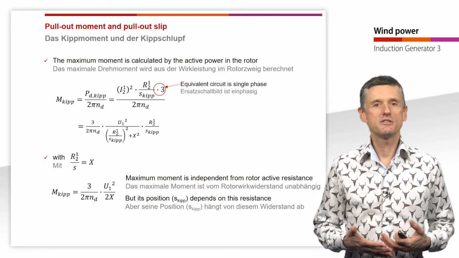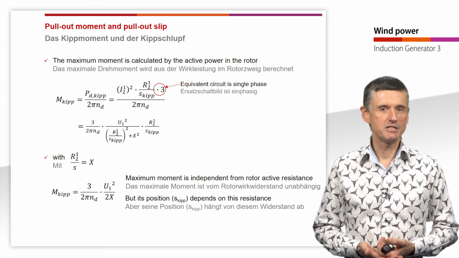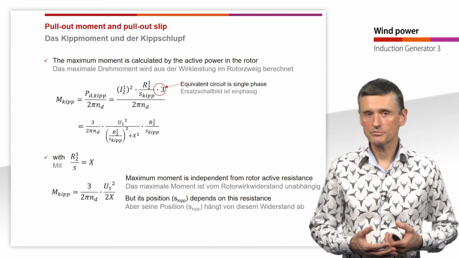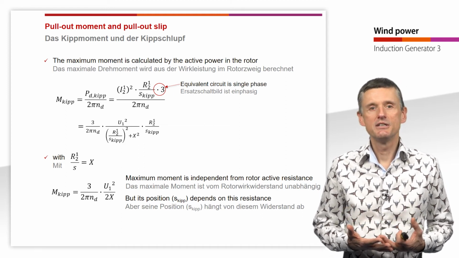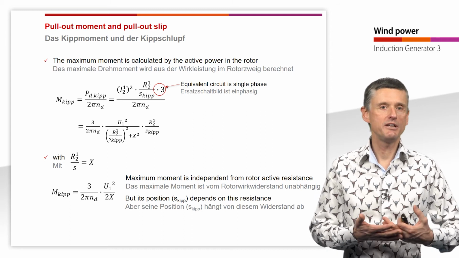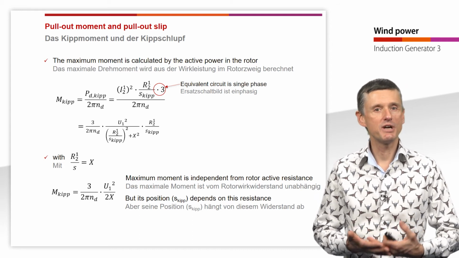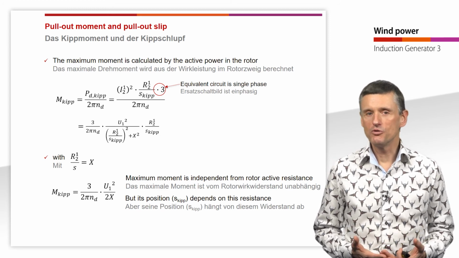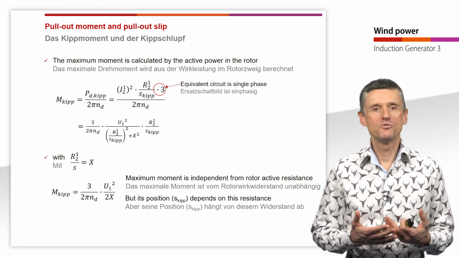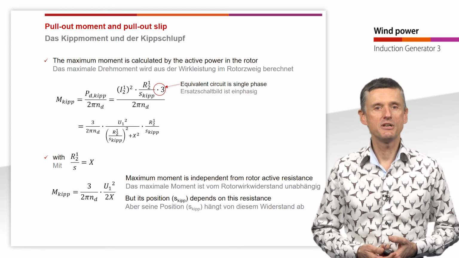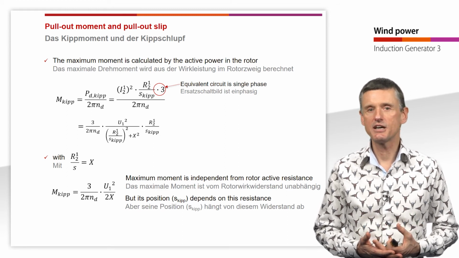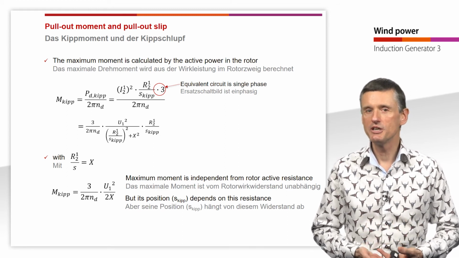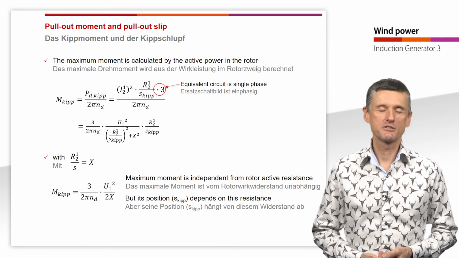And then we get this new expression that we see in the next line. And when we add there this R2' divided by S equivalent to X, we get this relation for the pull-out moment is equivalent to 3 divided by 2π and D times U1 squared divided by 2X.